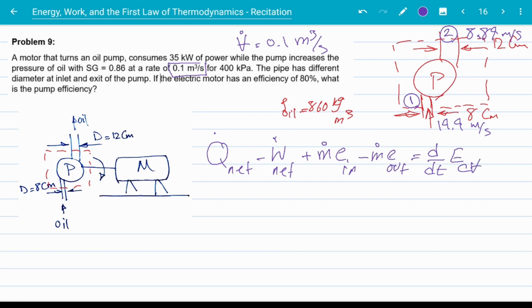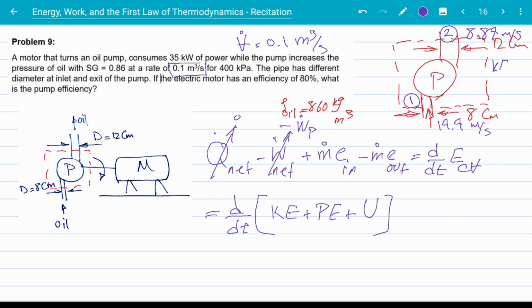There are no heat transfers involved, so this is going to be 0. W net is, just like last problem, going to be minus the power of the pump, and the rest we can expand here. So this is equal to d/dt of the energy of the control volume, which is the kinetic energy, potential energy, plus the internal energy of the control volume.